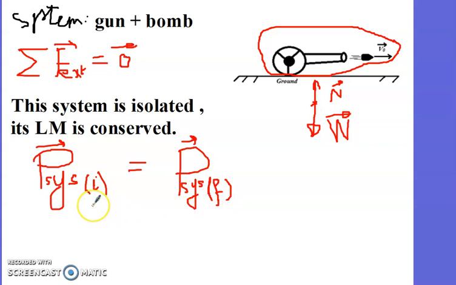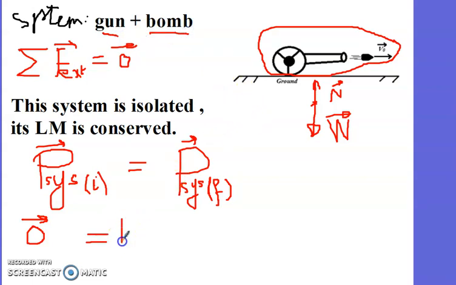But what is the value of the linear momentum of this system before shooting the bomb? It's 0. Yes, you're right. Why? Because the system was at rest before shooting the bomb. Now, after shooting the bomb, our system is gun and what? Bomb. So we have two objects in the system.